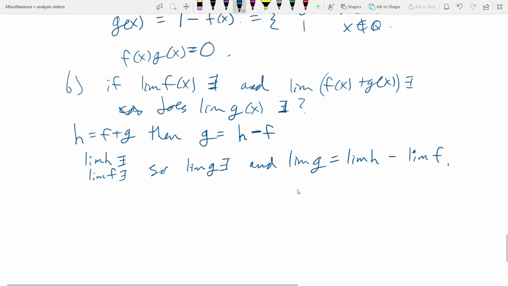Okay. Limit g, right. So yeah, we also get this kind of contrapositive.